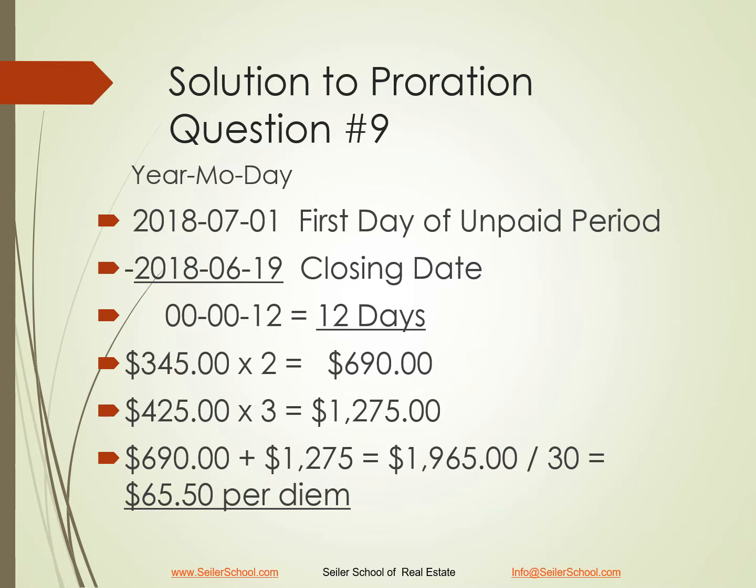We add $690 and $1,275, and come up with $1,965 for the month, divided by 30 days equals $65.50 per day. $65.50 per day times 12 days equals $786. Selection A.